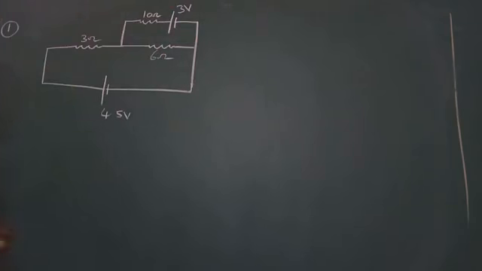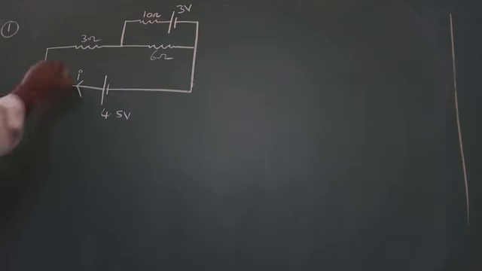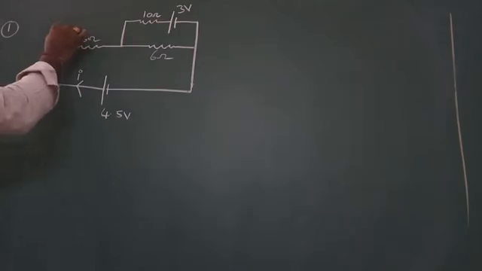Now, in this 4.5 volts battery, let us consider the current drawn is I. The same current will flow through this 3 ohms resistor.